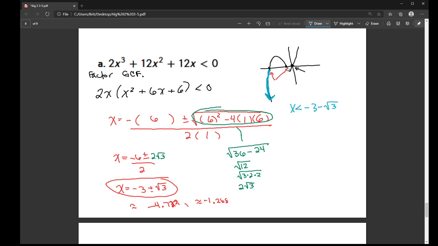And then I'm also looking for this part of the graph here, which is where x is sandwiched between 0 on the right, because that was a nice whole number, and negative 3 plus root 3. So these are the solutions of the inequality.